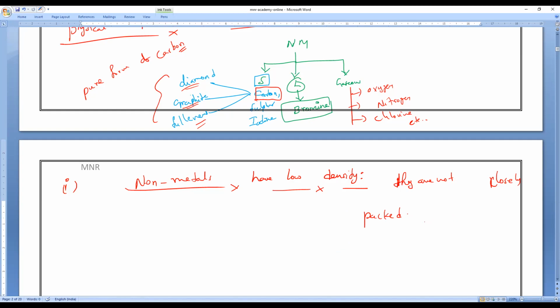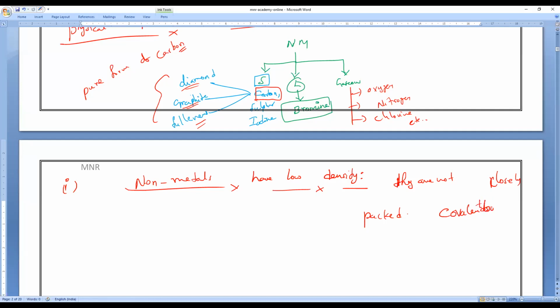Basically they exist as molecular compounds in which atoms are bonded by covalent bonds. We will study what covalent bonds mean later, so just have an idea. What is the bond present between non-metals, everybody? Covalent bond.